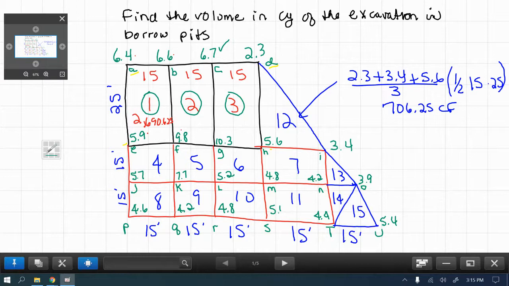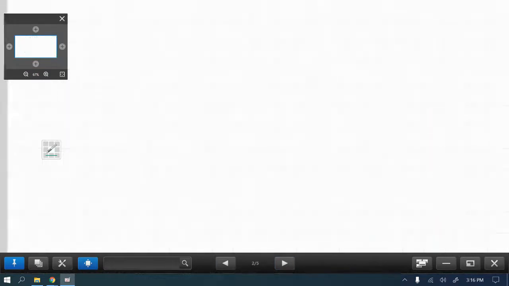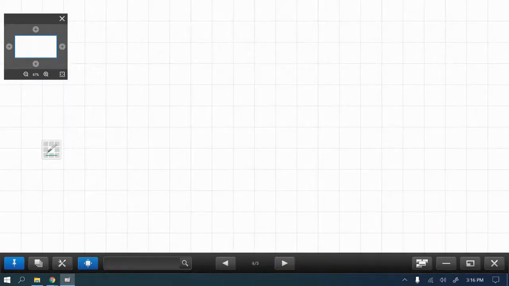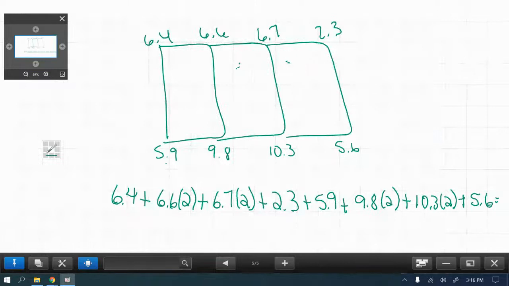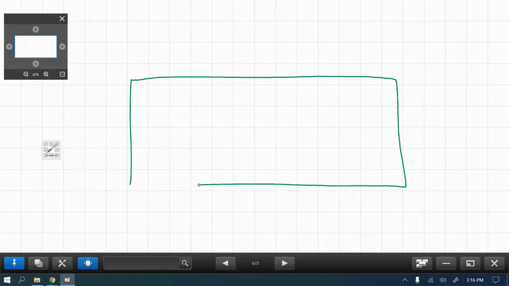So I'm going to do the same for 4, 5, 6, 7, 8, 9, 10, and 11. So that's going to be my area E, I, P to T. So I'm going to come over here, back up one. I'm going to do those 4, or 8.